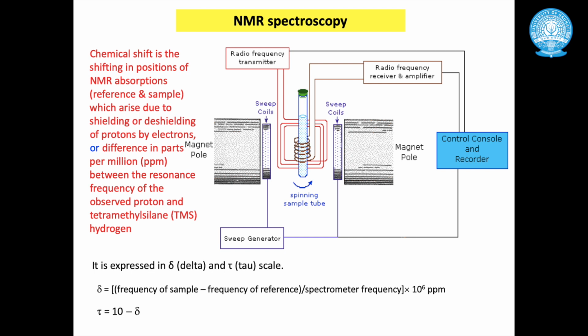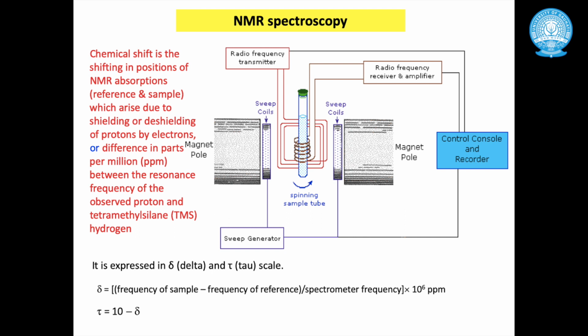So the chemical shift is mathematically equated as frequency of sample minus frequency of reference, divided by spectrometer frequency, into 10 raised to power 6 ppm. The spectrometer frequency is 300, 400, 500 or 600 hertz, which is known to us.